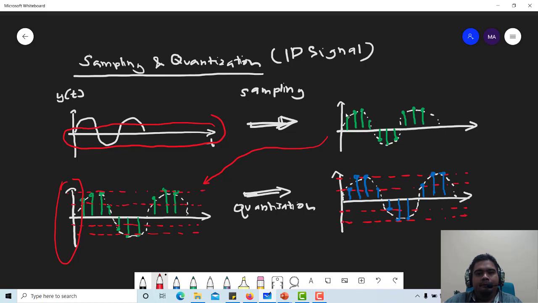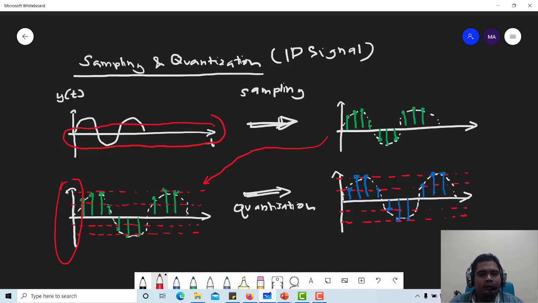But how about the vertical part, the y axis? It is still continuous numbers. After digitizing the horizontal axis, we now need to proceed with quantization, because quantization will digitize the vertical part.